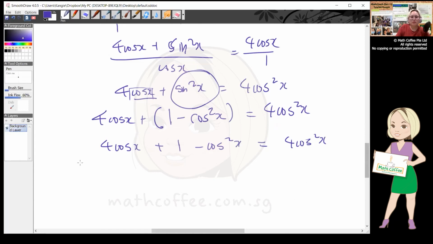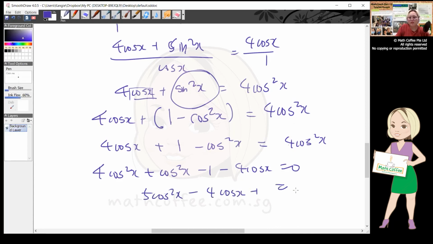I'm going to throw everything to the left-hand side. I want to keep this as positive. So 4 cosine square x plus cosine square x minus 1 minus 4 cosine x equals 0. 5 cosine square x minus 4 cosine x minus 1 equals 0. So it's a quadratic equation. 5, negative 4, and negative 1.